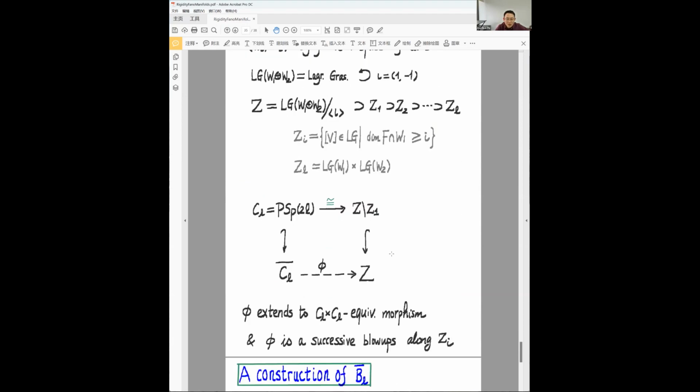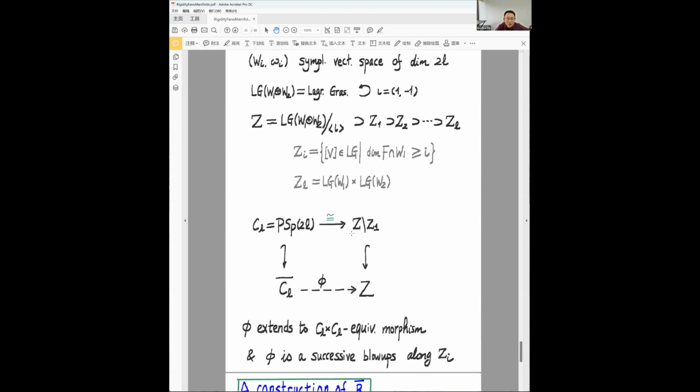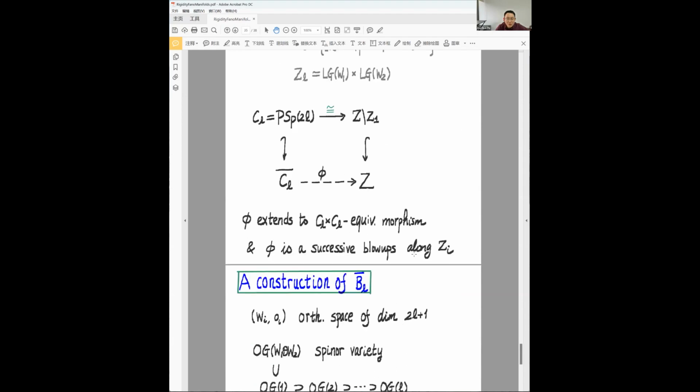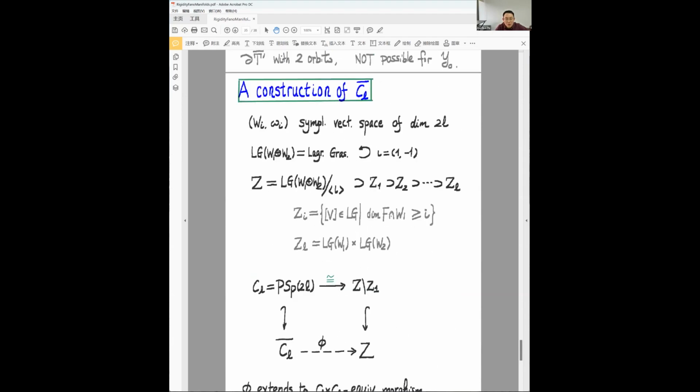For type C, we also give a construction of the type C wonderful compactification by successive blow-ups, which is quite similar to the type A case. But this blow-up is not along smooth subvarieties, but from some singular spaces.